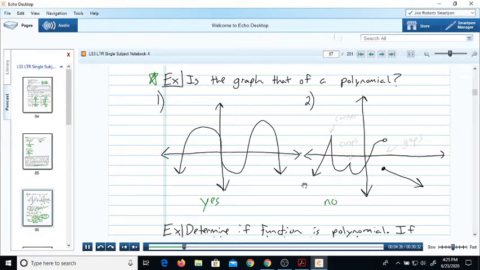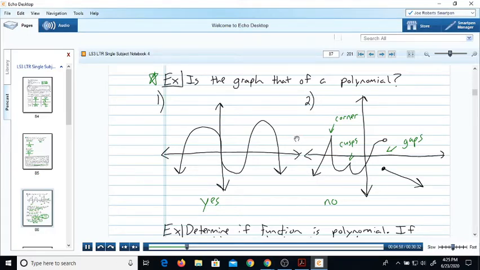Note that it has sharp corners. That's not smooth. It has cusps. Those are not smooth. And it has gaps in the graph, so it's definitely not continuous. So that is not a polynomial. And that idea of smoothness will be absolutely crucial when you move into calculus.